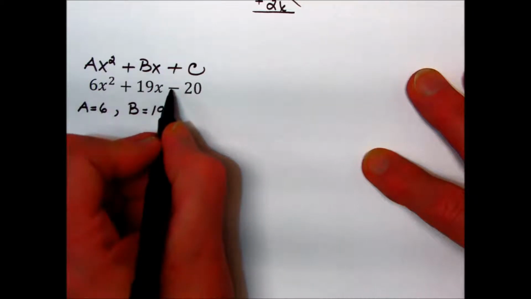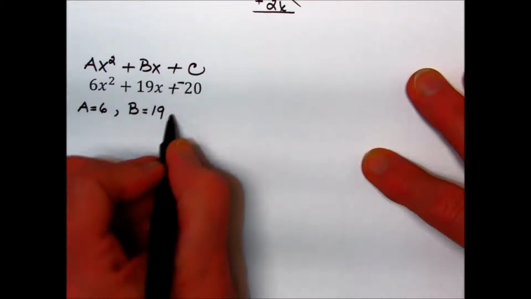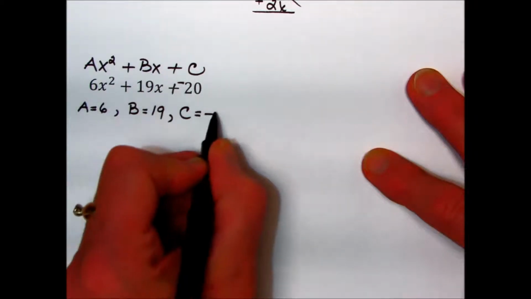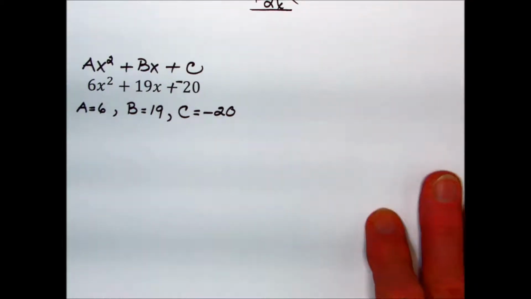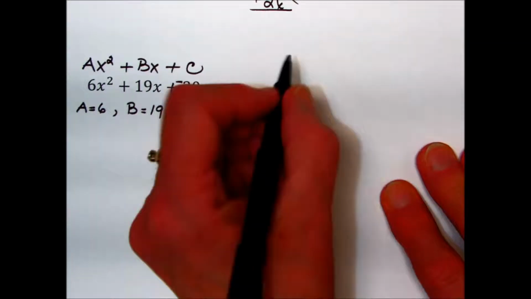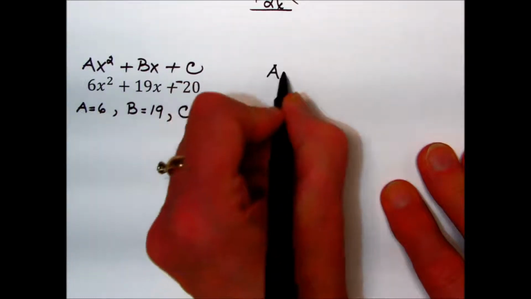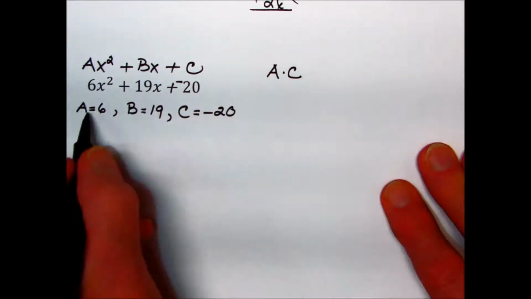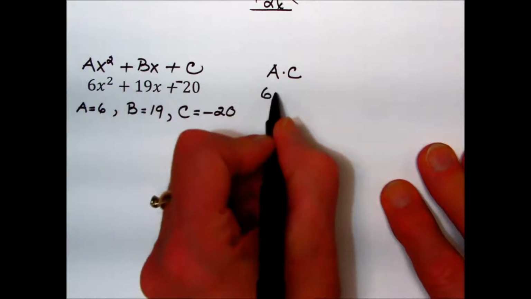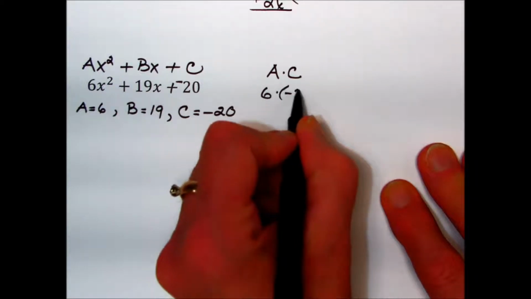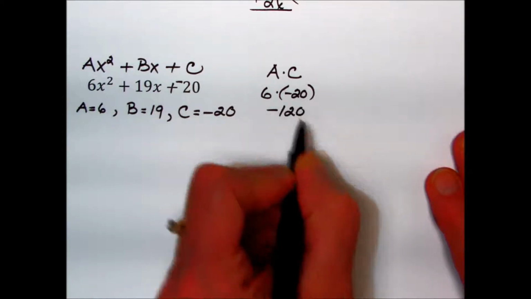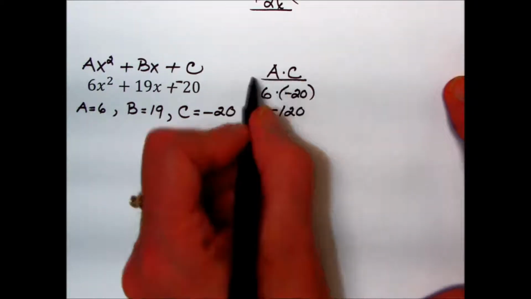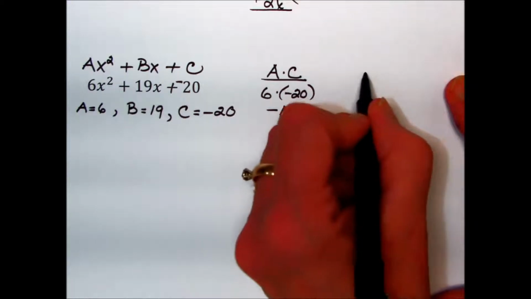And our C, the signs don't agree, but I can turn this into plus a negative. So C is equal to negative 20. On those steps that we wrote down initially, I asked you to find A times C. So we're going to take 6 times negative 20, which gives us a negative 120. That's the product of A and C.